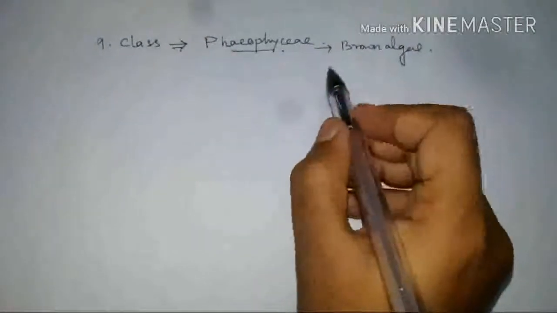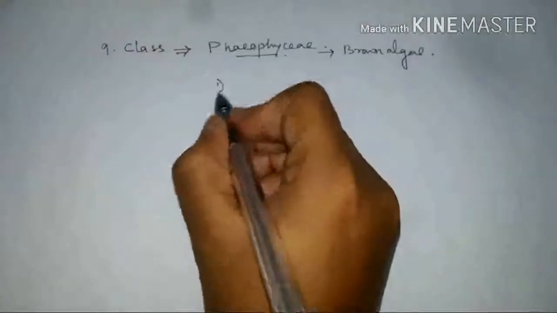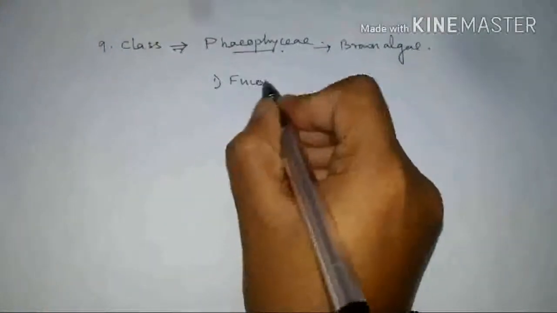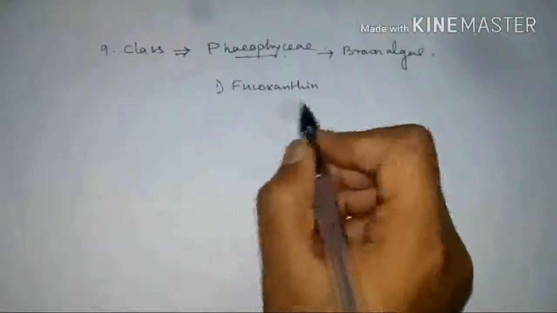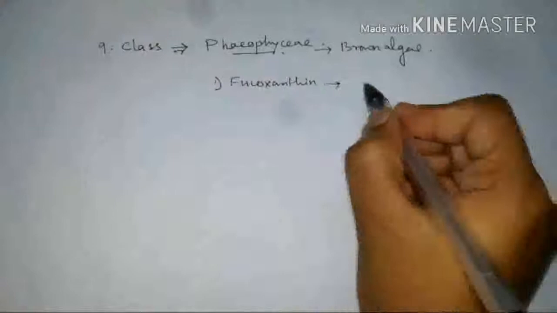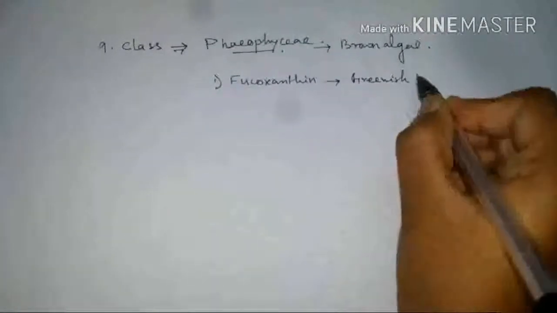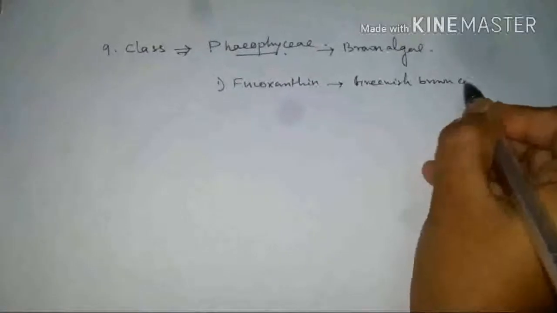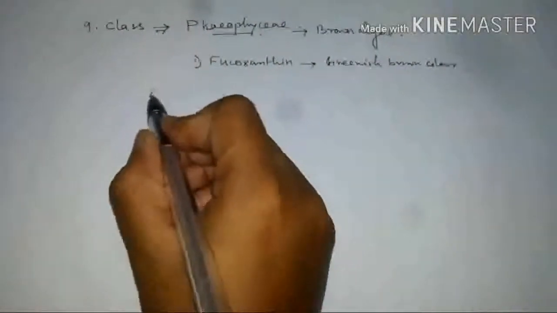The chloroplast contains 4 membranes and the cells contain fucoxanthin, which gives the greenish brown color. Now in this class 9 orders are present.